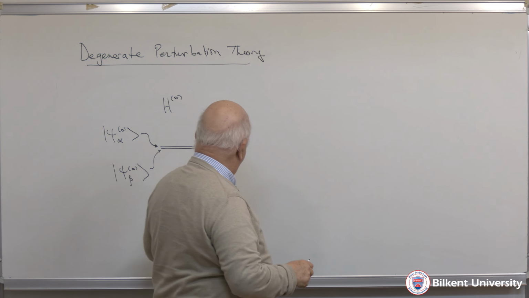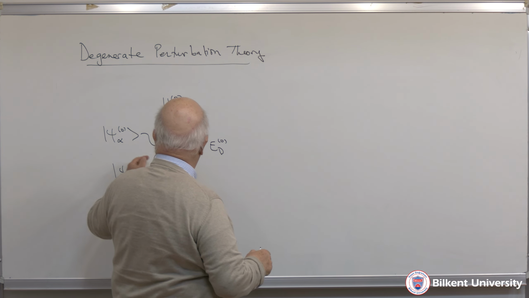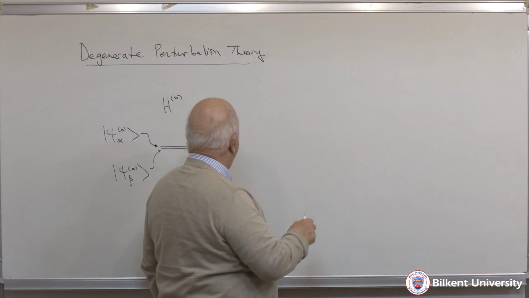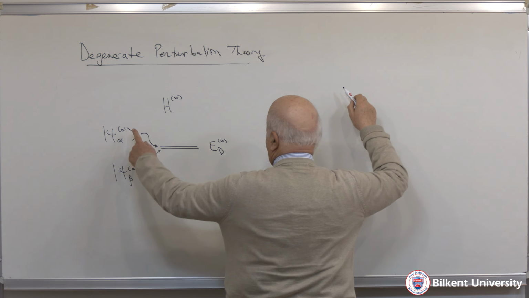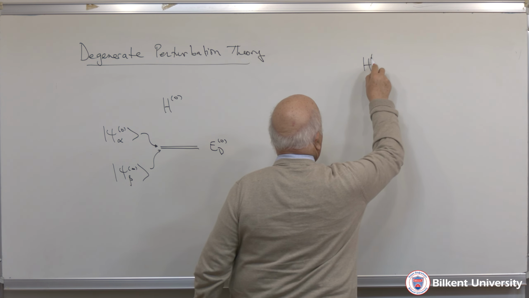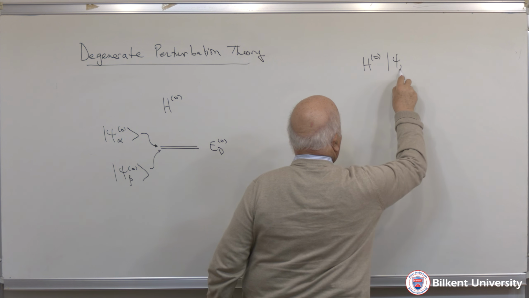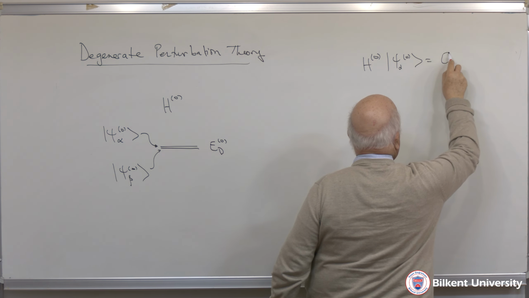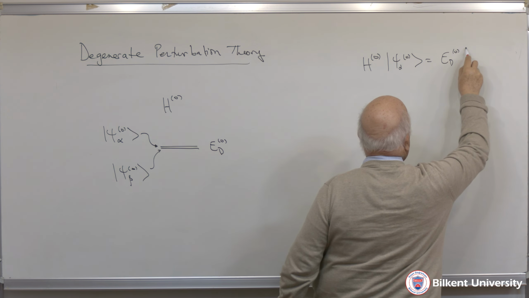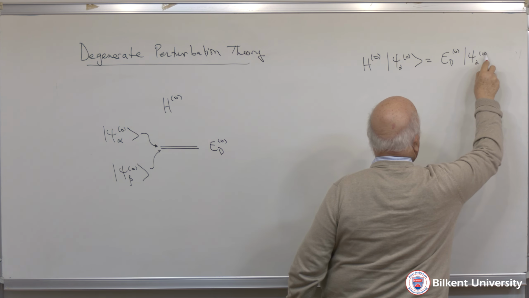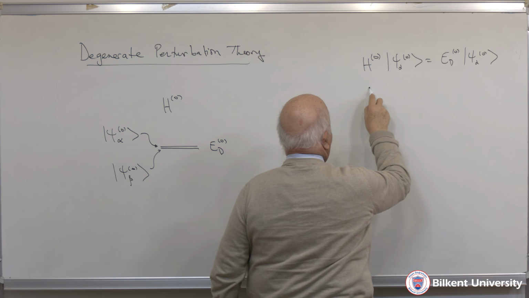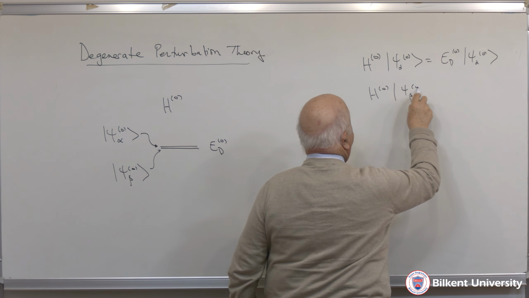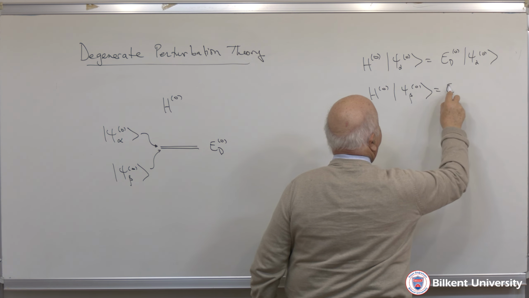Now, one thing that you can see immediately is that this representation is not unique. Because H0 psi alpha 0 is equal to this degenerate energy E_D 0 times psi alpha 0, but the second one, psi beta 0, also has the same energy.